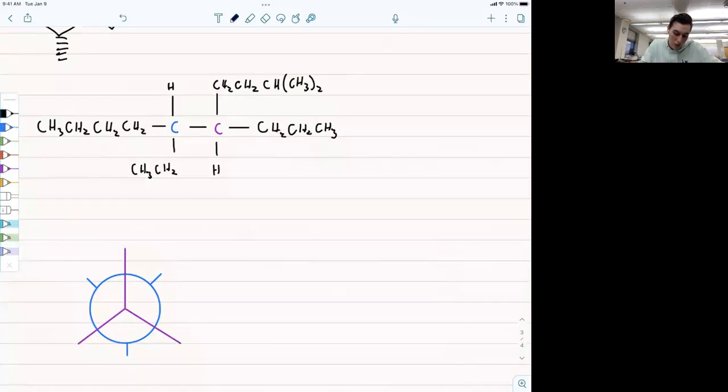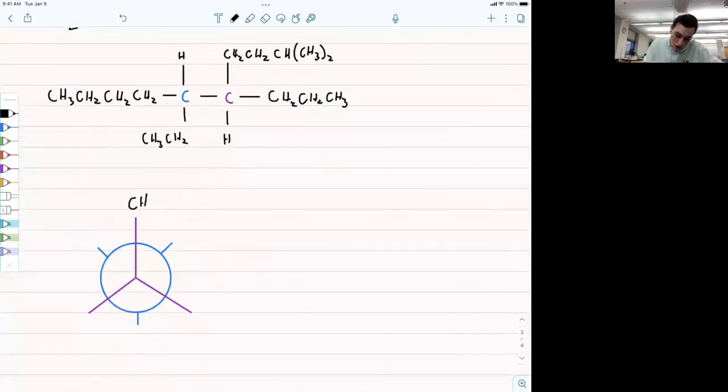As far as weight, I want this first carbon to be one of mine, so CH2. That's going to be pretty big, so I'm going to use that one first.